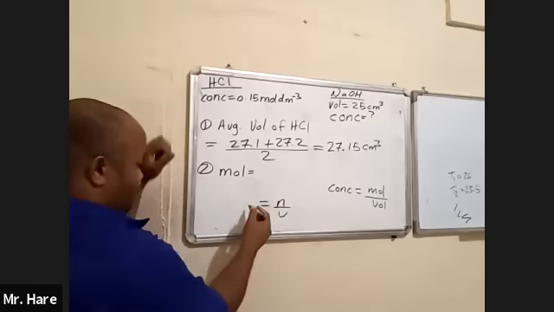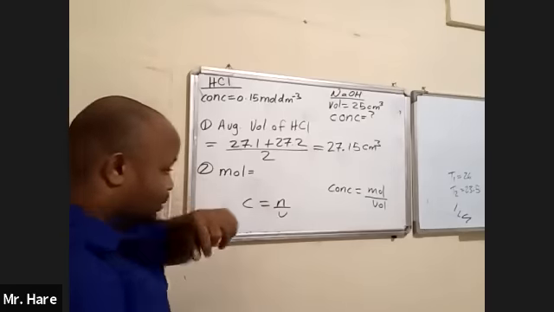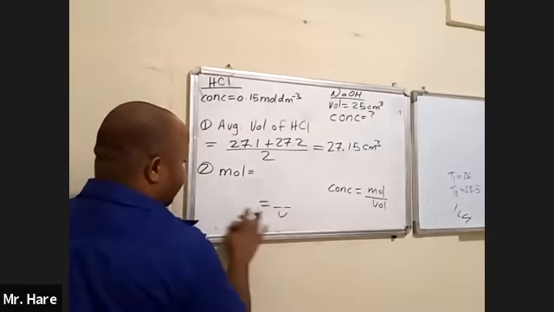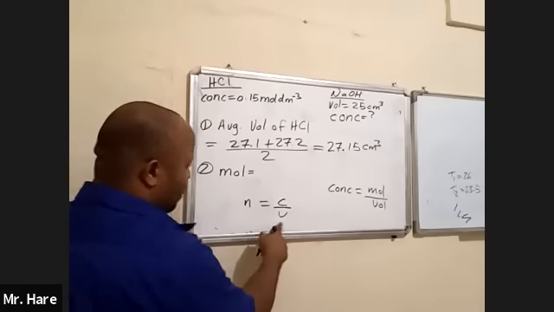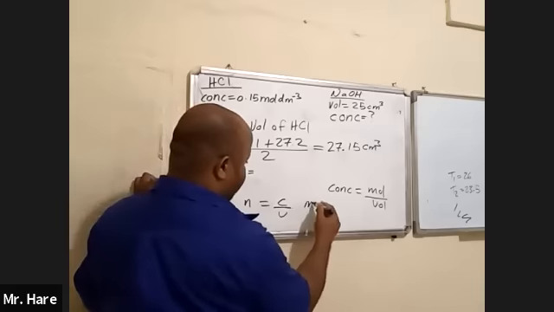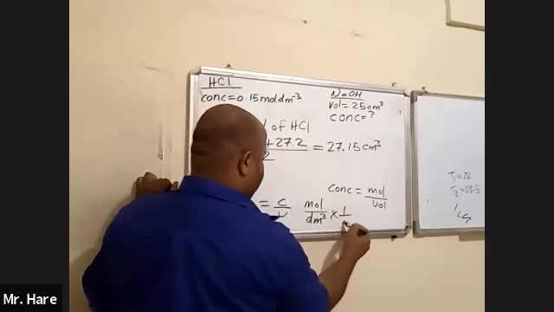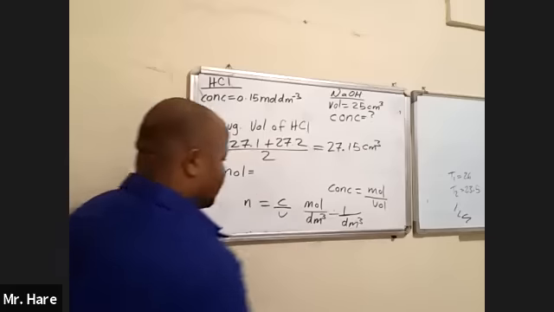No. If I use N for moles, then concentration is N over V. Let's say you went on the exam and you write N is equal to C over V. Concentration is moles divided by dm cube, right? Let's see if the units work out.